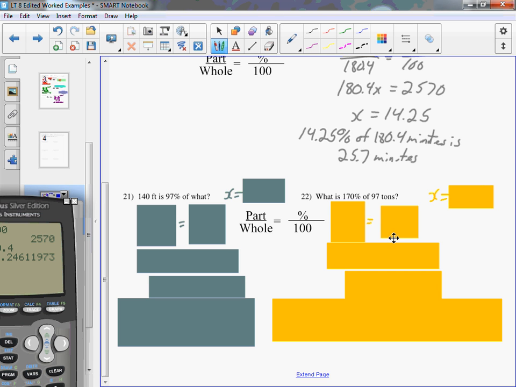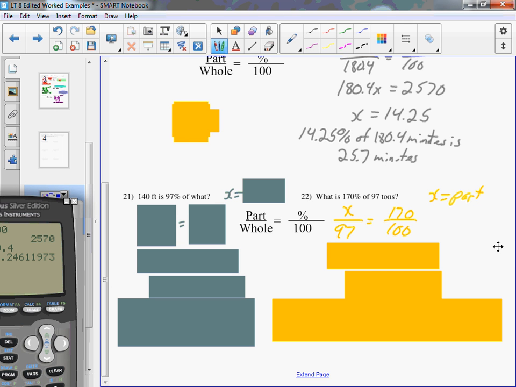For 22, it says, what is 170% of 97 tons? The of 97's cluing you in that 97 is the whole, the 170 is the percent, so X must be the part. So the part X to the whole, 97, equals the percent, 170, to 100.